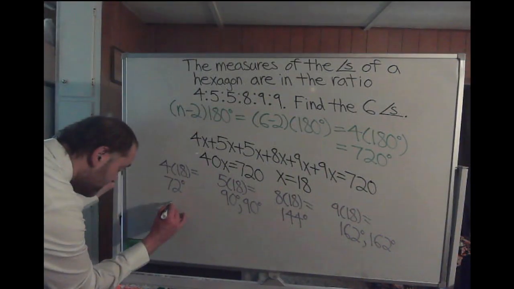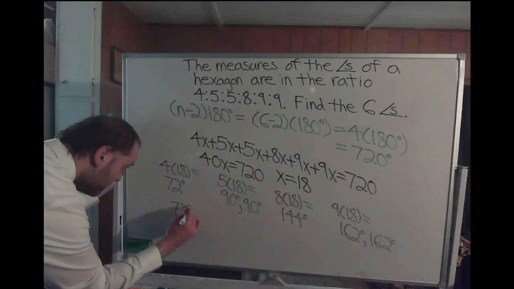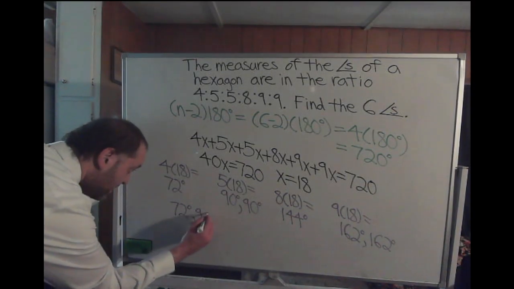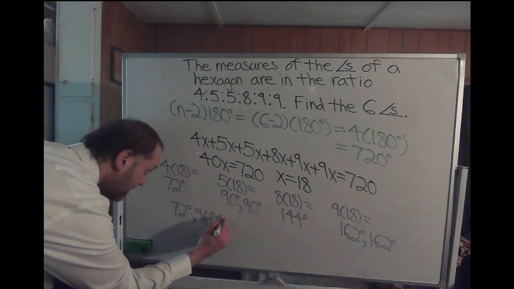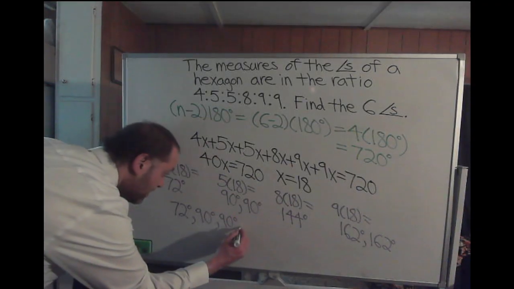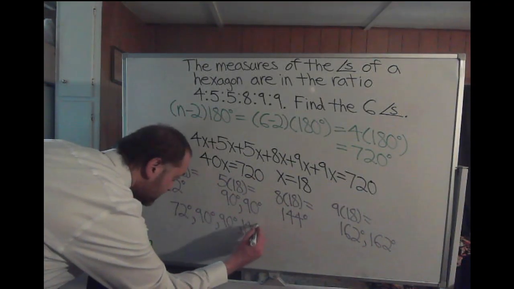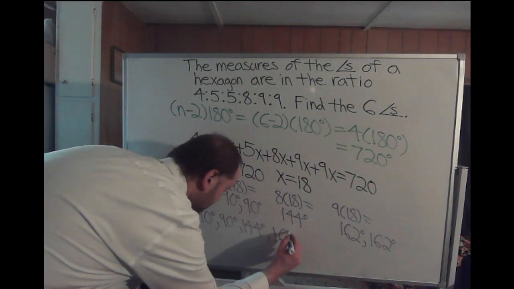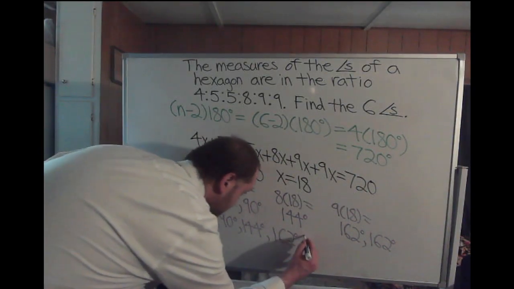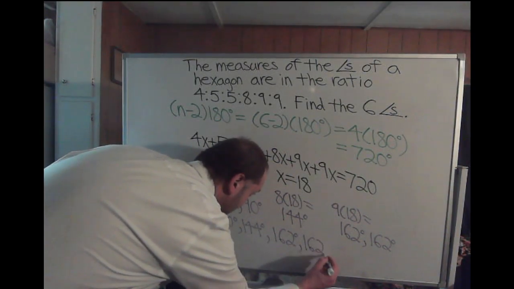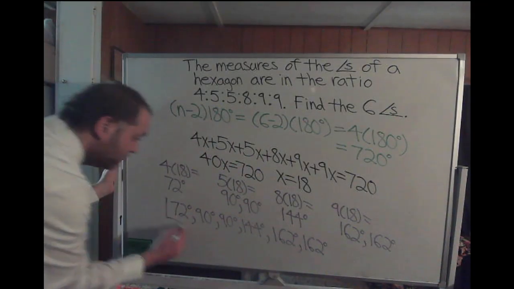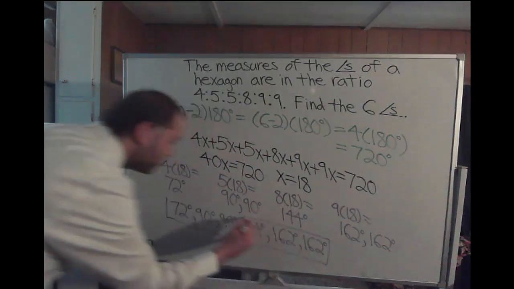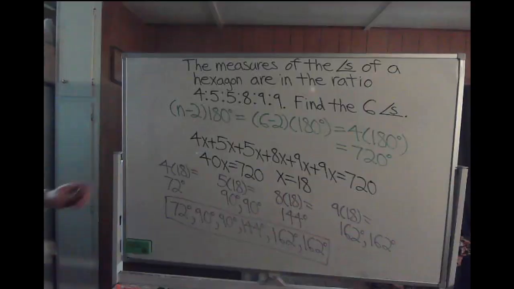So the value of the 6 angles you would be looking for is 72 degrees, 90 degrees, 90 degrees, 144 degrees, 162 degrees, and then another 162 degrees. So those are all 6 angle measures of the hexagon in question.